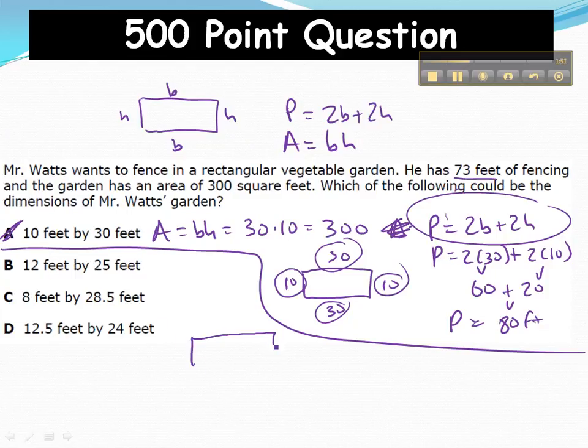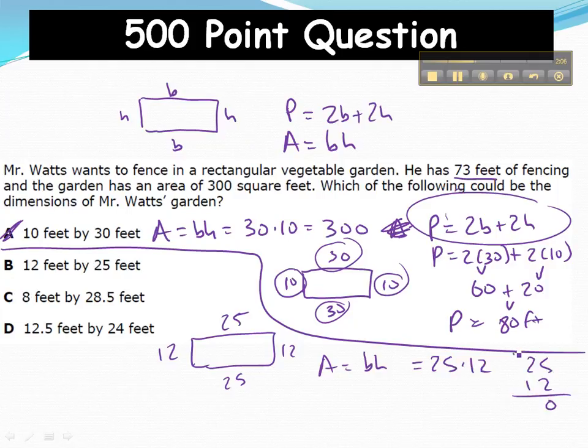This rectangle is 12 by 25 feet. Area equals base times height. 25 times 12. Multiplying by the 1, we're multiplying by 10, so start with a 0. 5 times 1 is 5, 2 times 1 is 2.